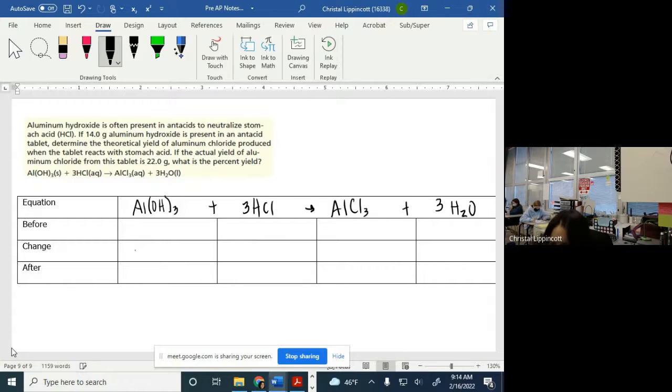All right, here is my aluminum hydroxide. Apparently, we're going to have an excess amount of this. So see if you can figure out, starting with this much aluminum hydroxide, see if you can figure out what your percent yield should be.